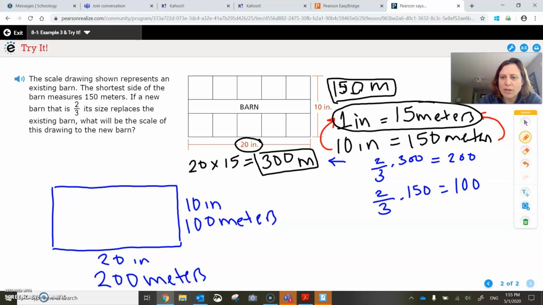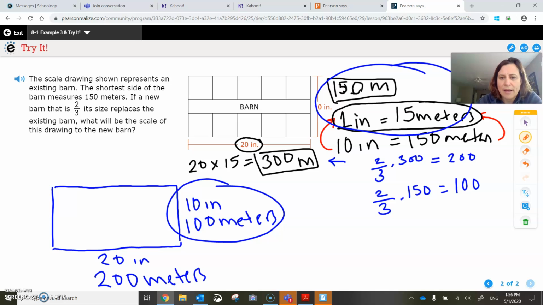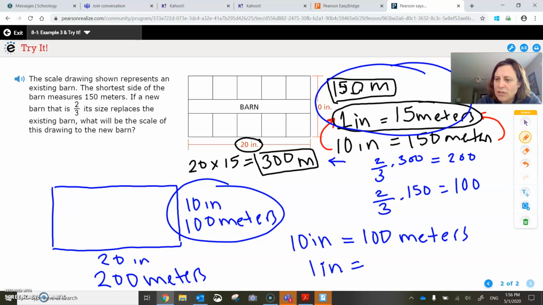And they were using this originally, so we're going to use this. What we definitely know is 10 inches is equal to 100 meters. To find the scale, we want to change this 10 inches to 1 inch. So what do you have to multiply or divide 10 by to get it to become a 1?